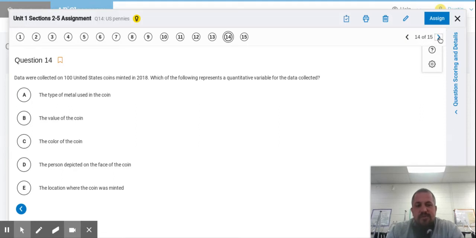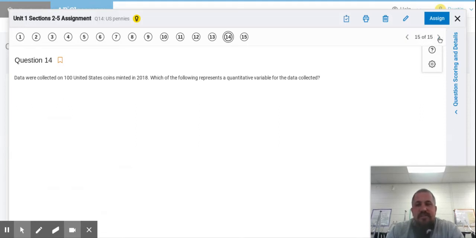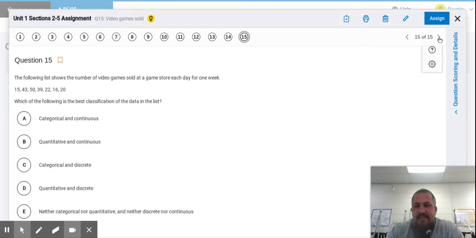Remember, that's with numbers where you can find the average. And then lastly, it gives you a list of numbers, and we want to know the best classification. So again, remember, categorical or quantitative, and then continuous, meaning it can be decimals, it can be anything, or discrete, which means you would count up. So those are the 15 questions.